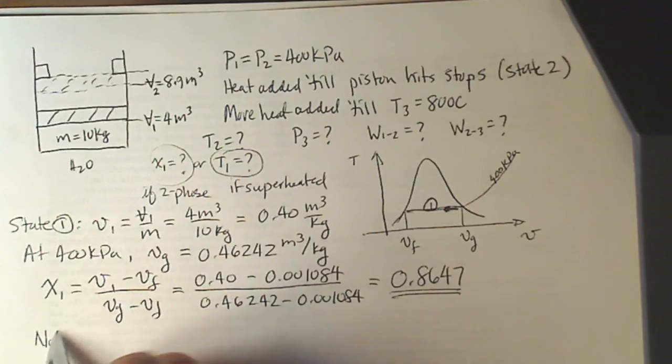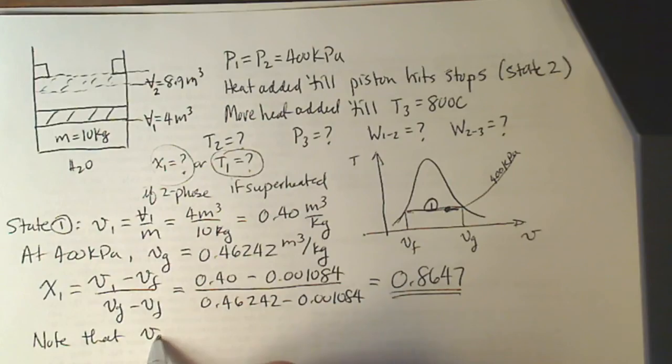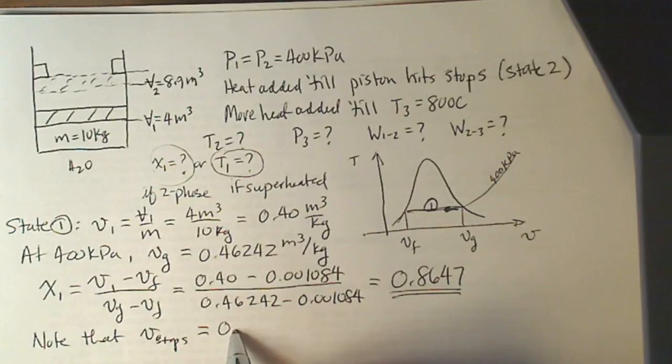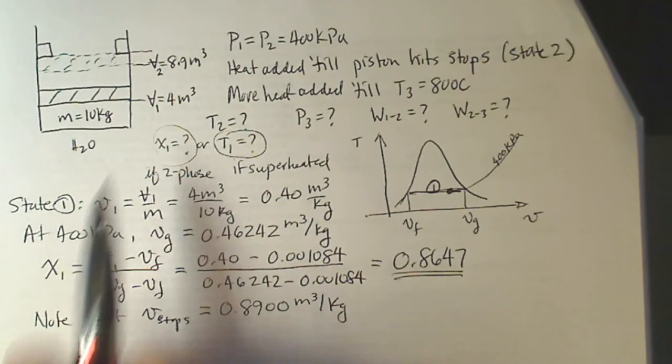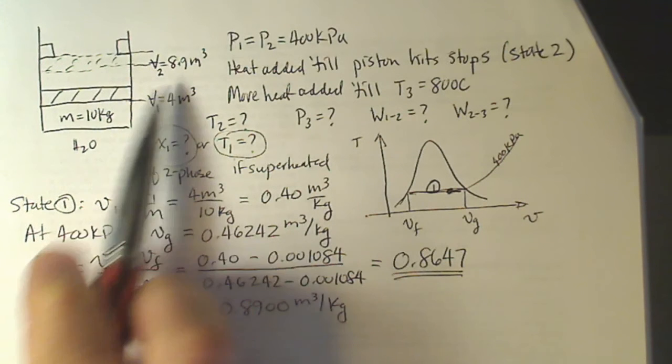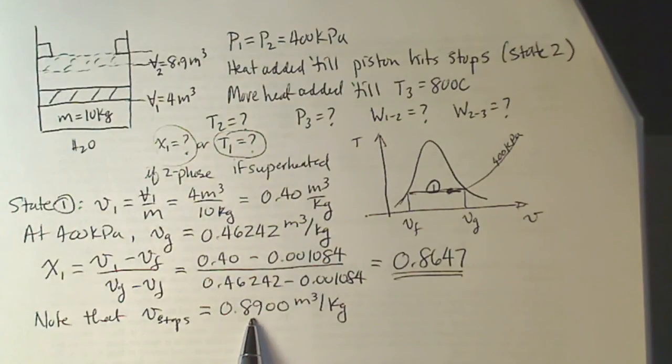We can note that when it hits the stops, the specific volume is going to be equal to 0.8900, where this is just the volume at the stops divided by the mass in the system. So when it hits the stops, the specific volume is equal to 0.89.